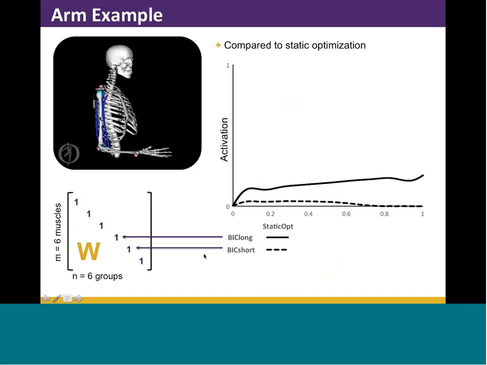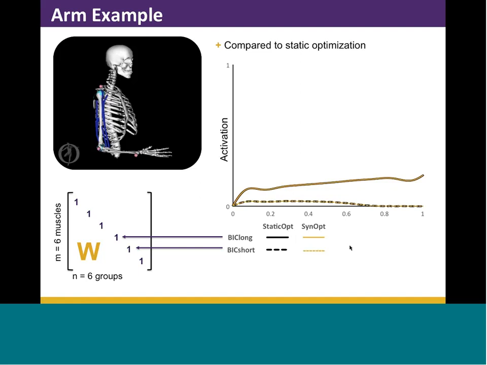If you go into your model, you would see that the biceps long head and biceps short head are the 4th and 5th actuators in this model. And so these would be the weights that we'd want to be changing if we wanted to affect the activation of those muscles. So if we just do the identity matrix and we do static optimization and then synergy optimization, you see, as expected, that you would get the identical activation.